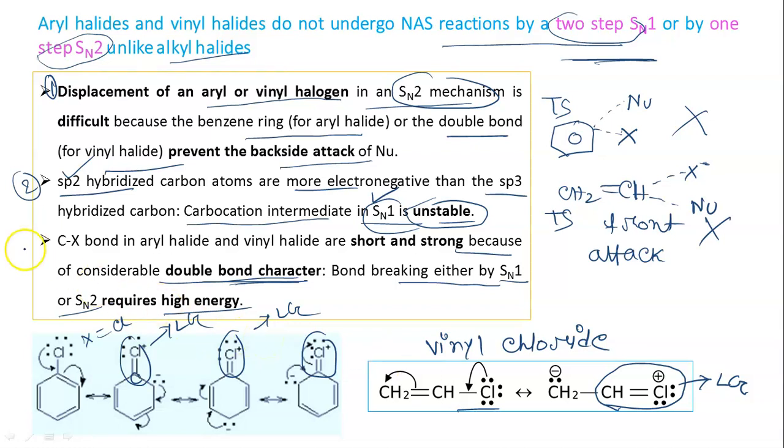So this is the third reason why this type of two-step SN1 or one-step SN2 is highly unlikely. Okay, so that's all about the aromatic SN1 mechanism.